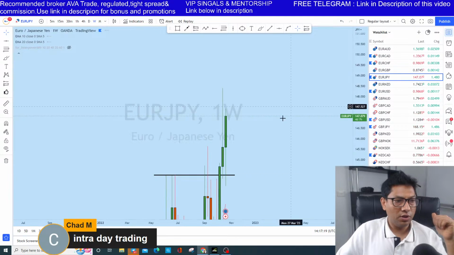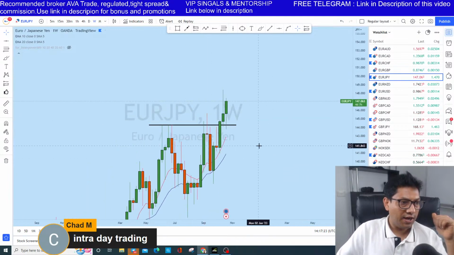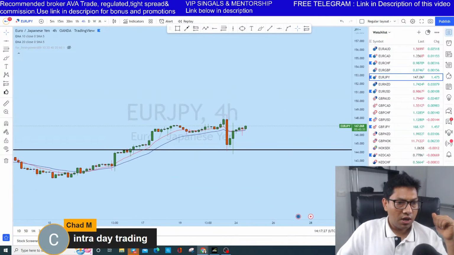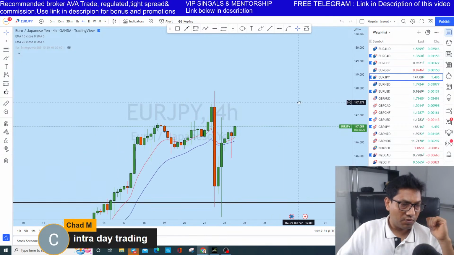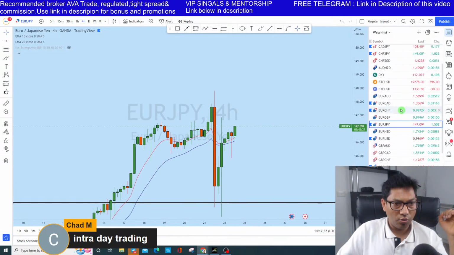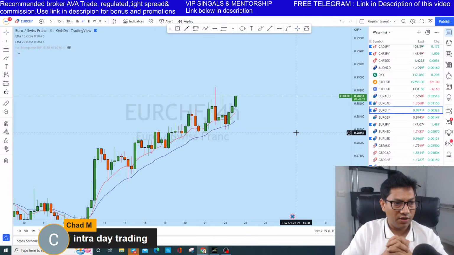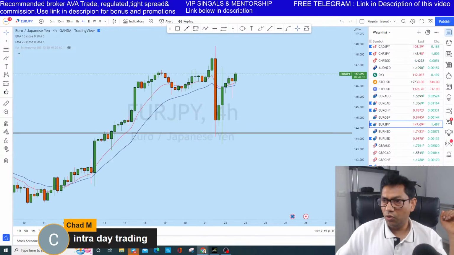As you can see on the weekly, there are quite a few liquidity gaps, and it is long-term bullish and short-term bullish. I'll be really waiting for a Eurojpy entry more than any other. All other euro pairs are strongly bullish. I will be waiting for very strong bullish price action on Eurojpy, and as soon as I find that, I'll be going long.